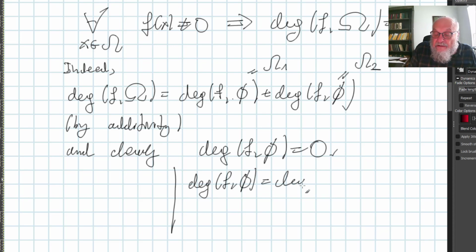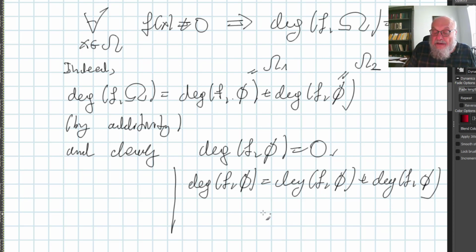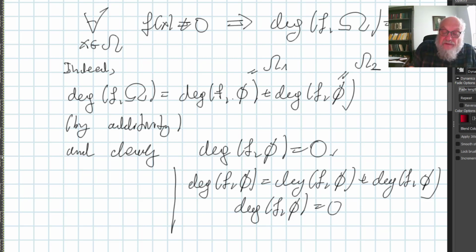Again, by the additivity, you can do the same. And that implies that the degree of the empty set is equal to 0 because you just cancel 1 and 1, and you are getting 0. Yes. So that must be equal to 0.